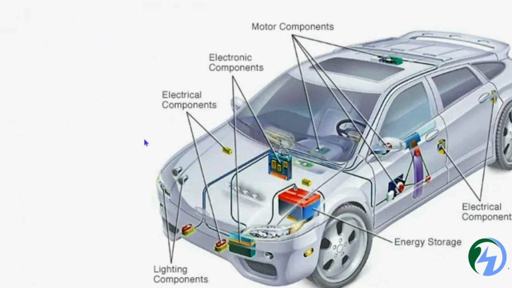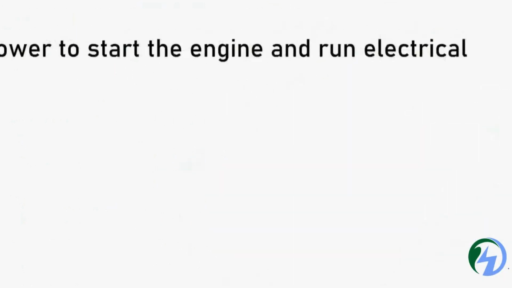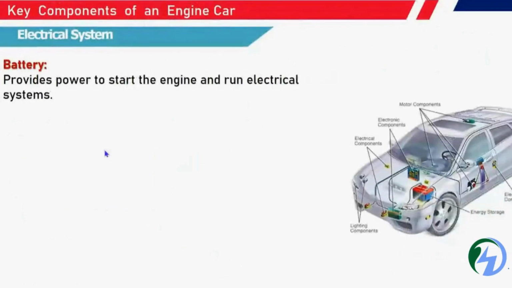All the features require some electrical power. So the battery is where the energy is stored, a smaller battery, and it will distribute the complete power to the complete system. So like the lighting, the sunroof, or the motor components, that will be distributed to the whole system.